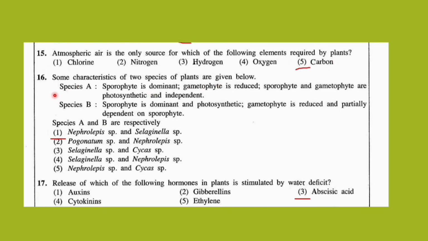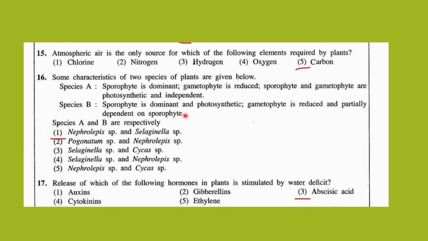The 16th question, some characteristics of two species of plants are given below. A, they have a dominant sporophyte, gametophyte is reduced, sporophyte and gametophyte are photosynthetic and independent. B, sporophyte is dominant and photosynthetic, gametophyte is reduced and partially dependent on the sporophyte.